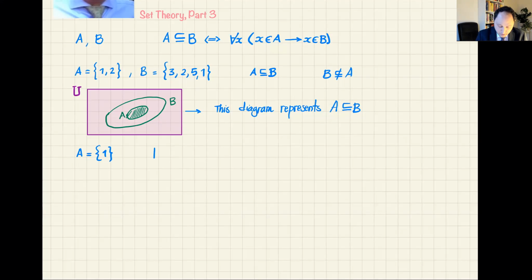Let me just review these. The cardinality symbol is just similar to the absolute value symbol, but when you see a set inside it, it means that I need to consider the number of elements here. And you see that the cardinality of this set is equal to 1. And I told you that there is a name for it.